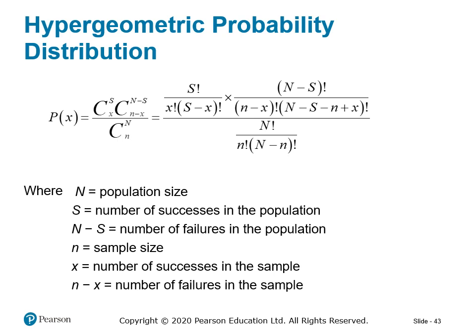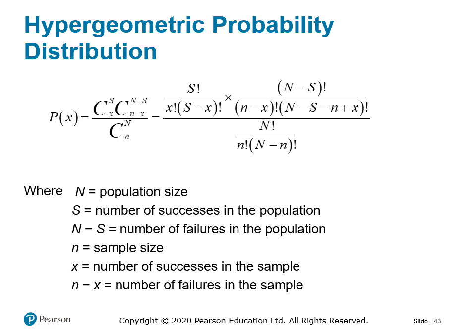I'm going to have N minus S, where big N is the population size and S is the number of successes. And I'm going to have little n minus x, where little n is the sample size, and again, x is the number of successes in the sample, all over the combination of big N and little n, where big N is the population size and little n is the sample size.